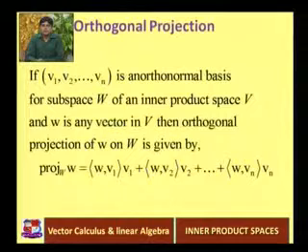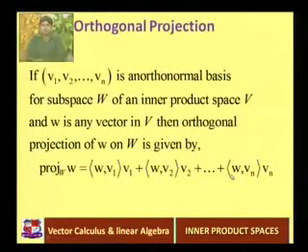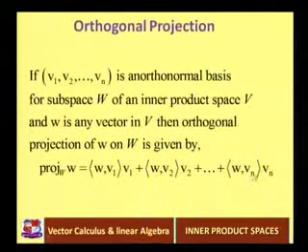If v1 to vn is an orthonormal basis for the subspace W of an inner product space V, and w is any vector in V, then the orthogonal projection of w on the subspace W is given by this equation: <w, v1> v1 + <w, v2> v2 + and so on, plus <w, vn> vn.